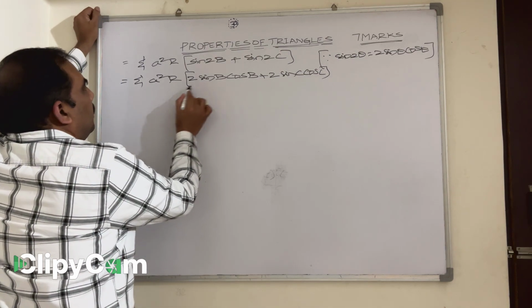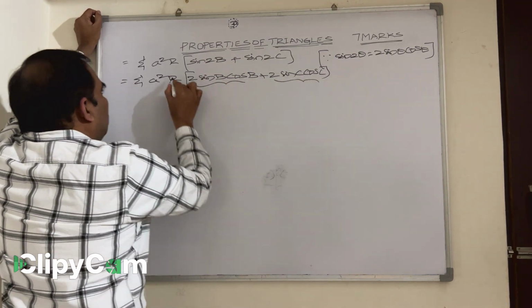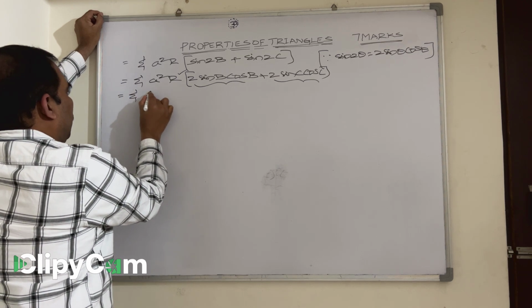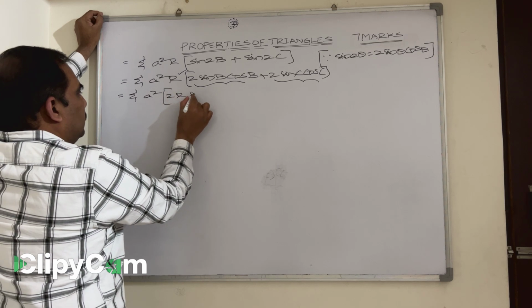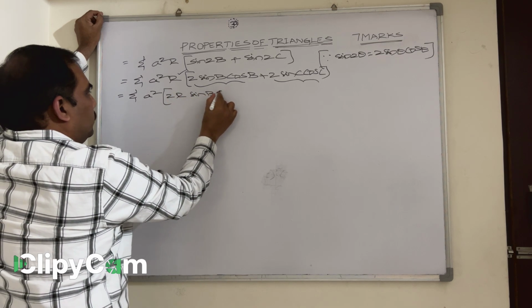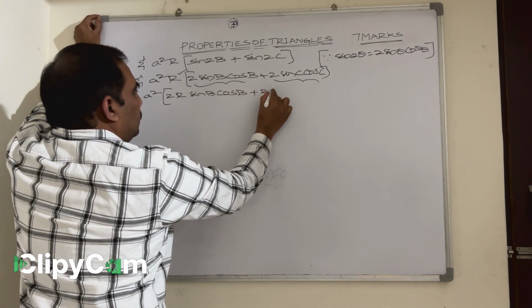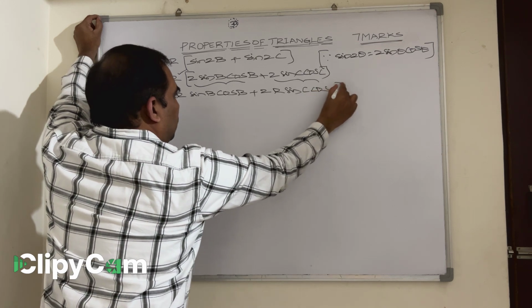Now further, multiplying these two terms with this r, sigma a square into, it becomes 2r sine b cos b plus 2r sine c cos c.